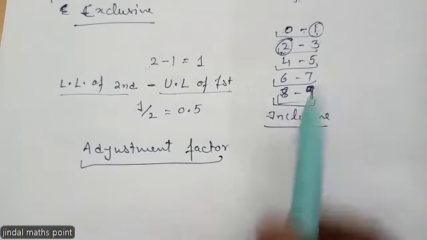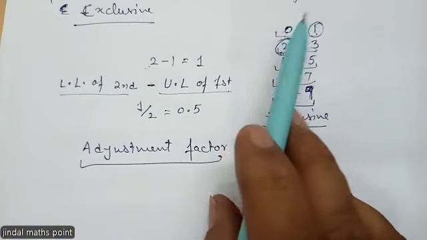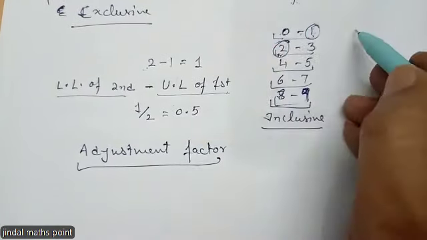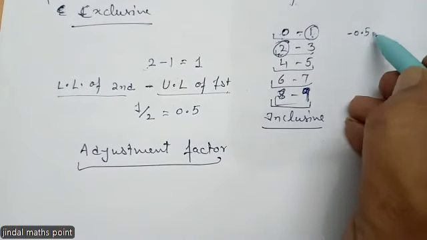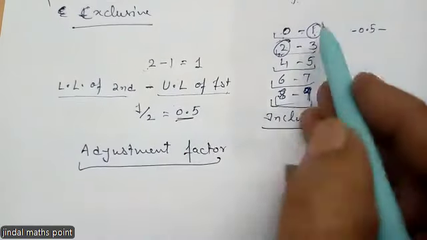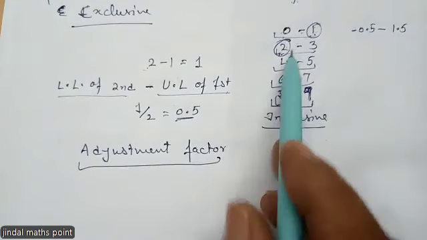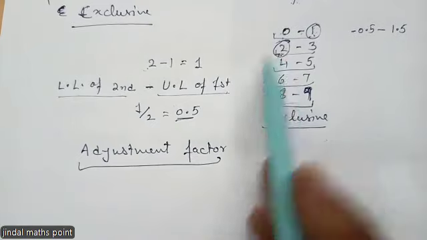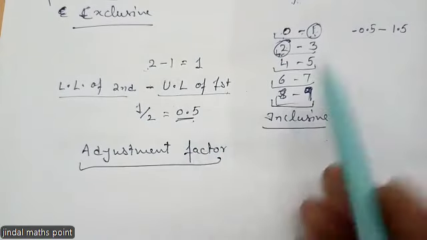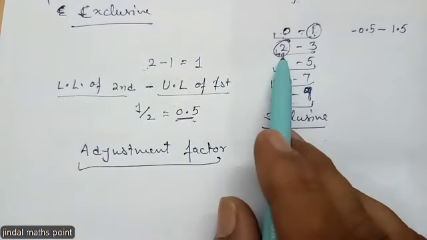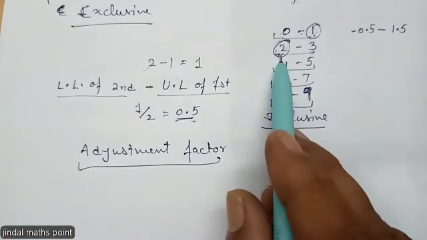Then what can we do? We can subtract 0.5 from the first lower limit. What do we get? Minus 0.5. And add 0.5 to the upper limit. What do we get? 1.5. In the same manner, from the lower limit you subtract 0.5, and to the upper limit you add 0.5. When we subtract 0.5 from 2, what do we get?